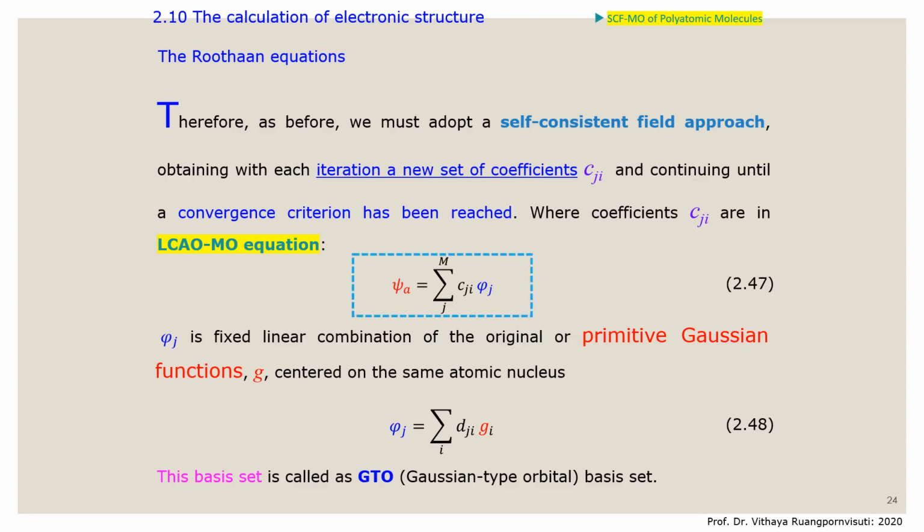The wave function psi a is equal to the summation from j to m of C j i times the function phi j.